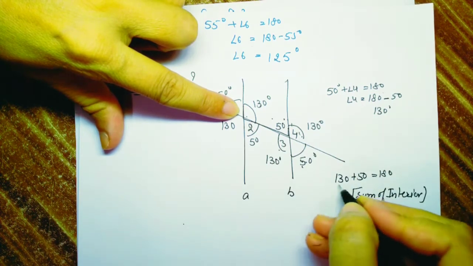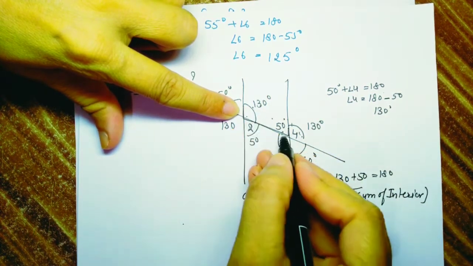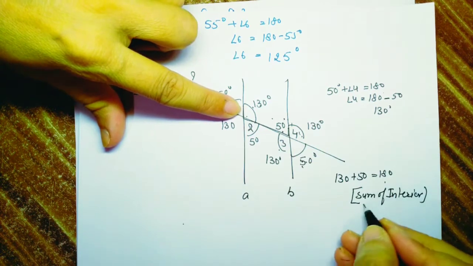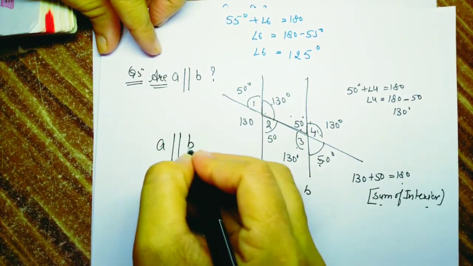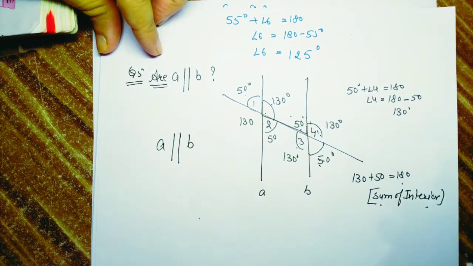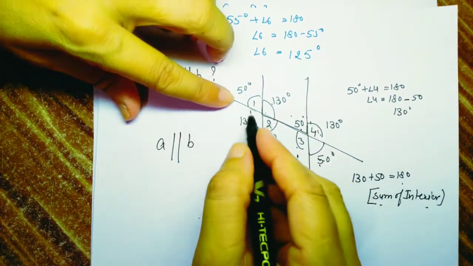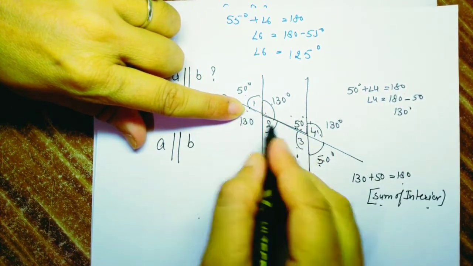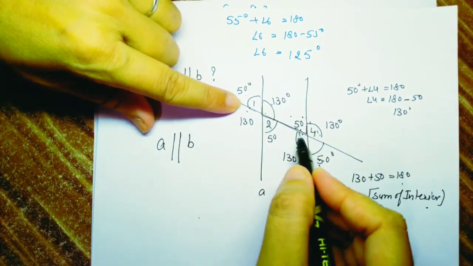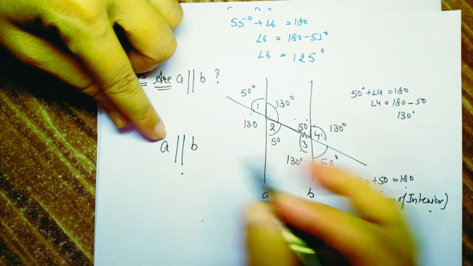If the sum of interior angles is 180, that means the lines are parallel. So here we will write line A is parallel to B. You can take another pair. Angle 1 equals this angle and both are corresponding. If the corresponding angles are equal, that means the lines are parallel.